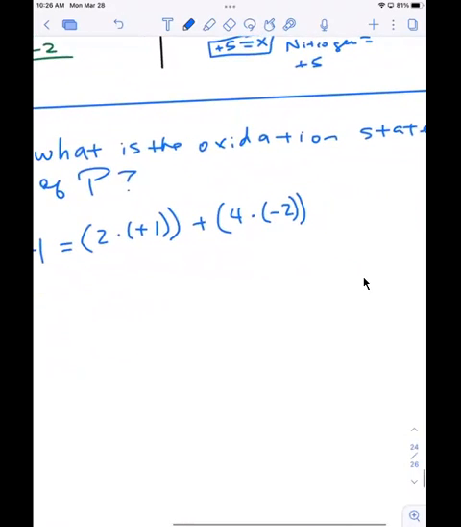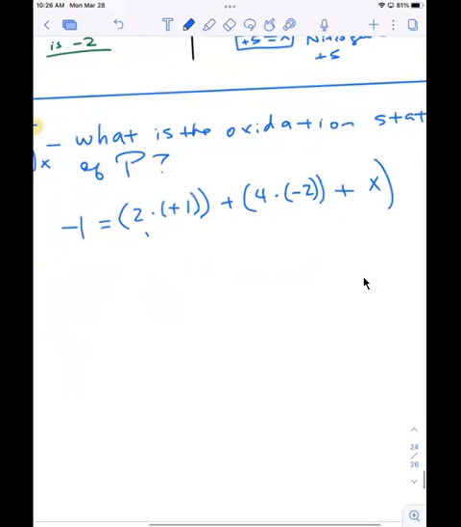Right, so we're going to do that, and then this is plus X. I'm not even going to put the 1 in front of it. The 1 is understood. All right, so let's go ahead and do this little math right here. That's 2 minus 8. Is that right? Looks right to me.